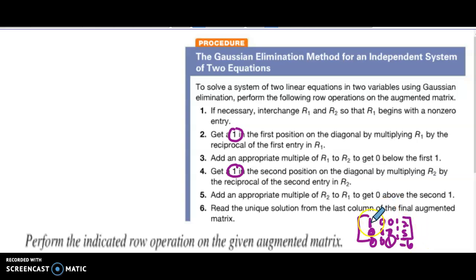You get the 1 and then zeros. You get the next 1 in the next column, and then you get the zeros. You always have to start by getting 1s first, and then get the zeros. All right. We will solve one in the next video.